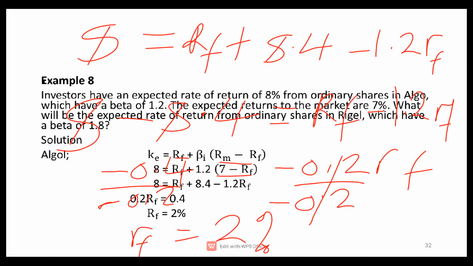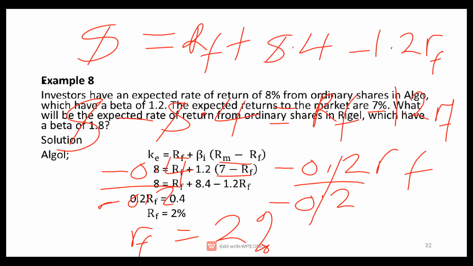Now it is easy for you to answer the question that says, what is the expected rate of return from an ordinary share in the other company, Rigel, which has the beta of 1.8? We know that the market gives 7%, which means every company operating in this market has this same rate.